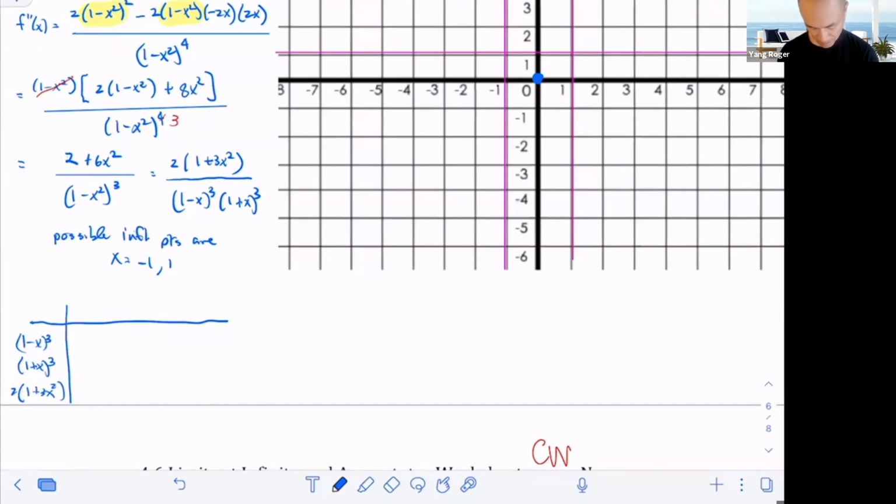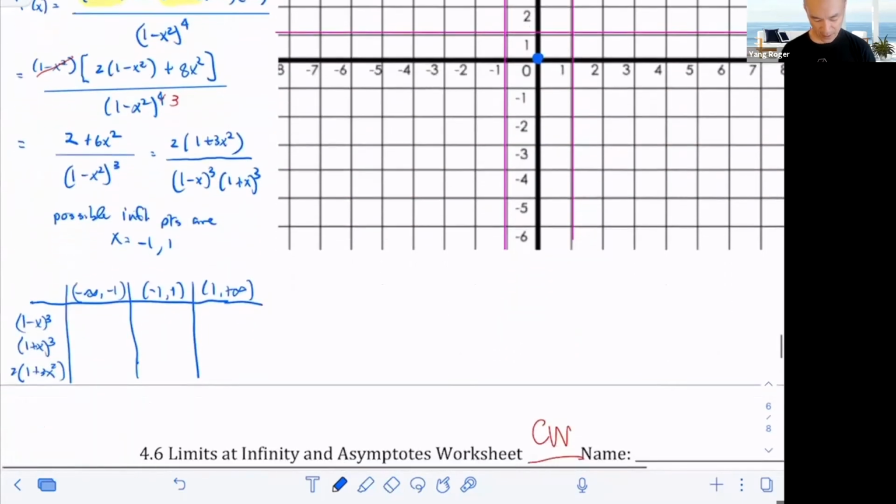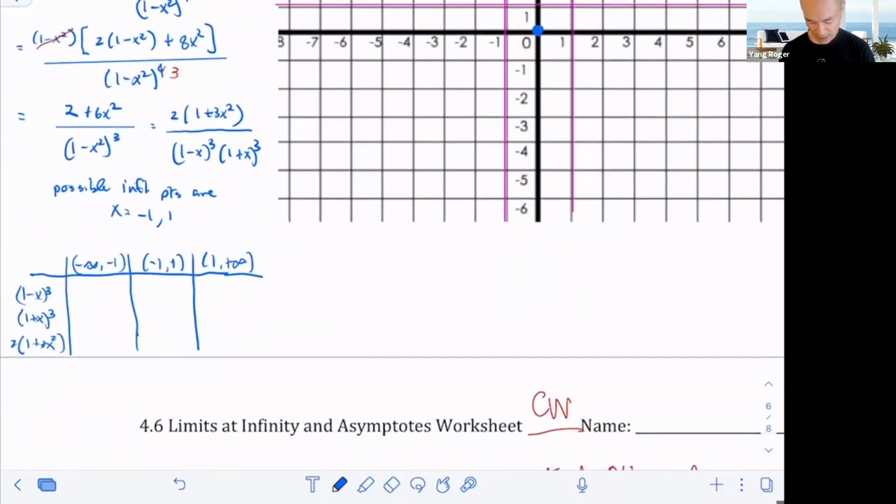And this will be negative infinity to -1. This will be -1 to 1. And this will be 1 to positive infinity. And somehow I've run out of room here. Let me move this.